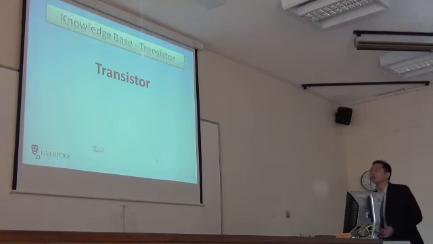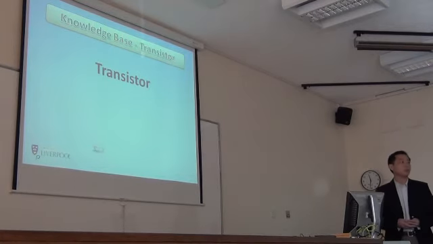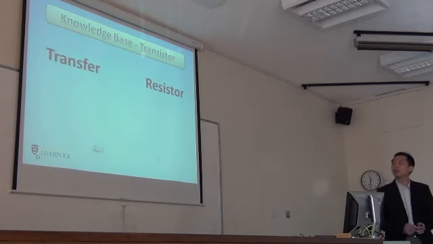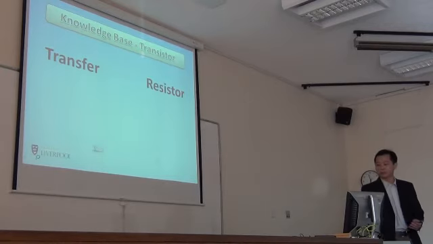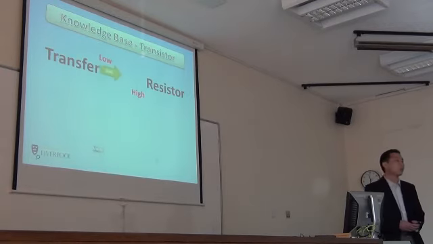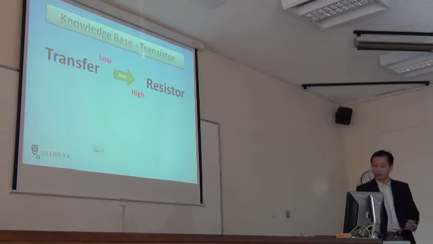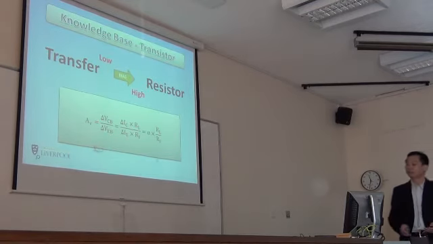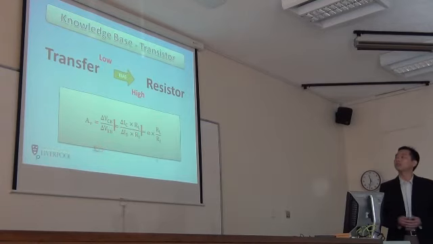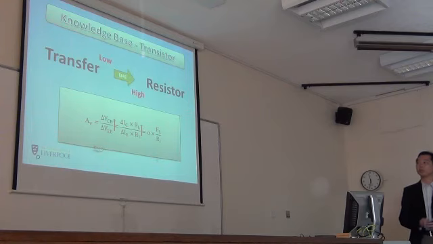Okay, the transistor. We all know it is a very simple component, but in my circuit it's very important. Normally the name comes from transfer and resistor, which means its function is to transfer the bias from low bias to high bias. And why? I would like to use this simple equation to explain it. Once we increase the resistor value, the voltage should be increased.